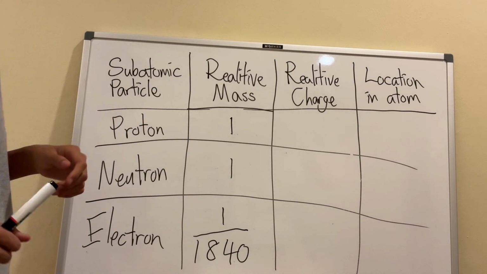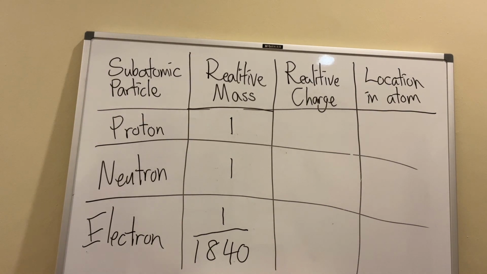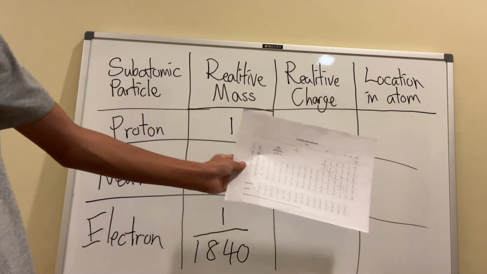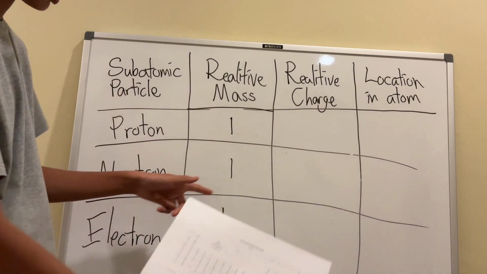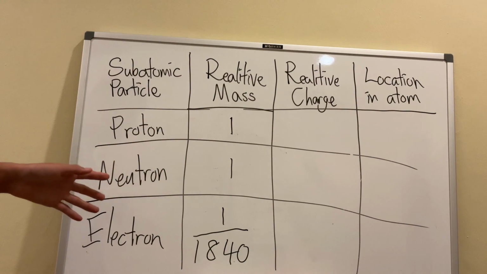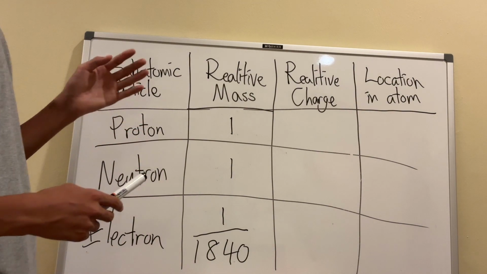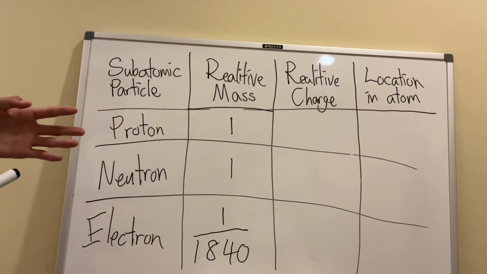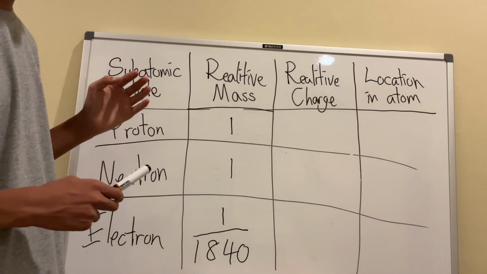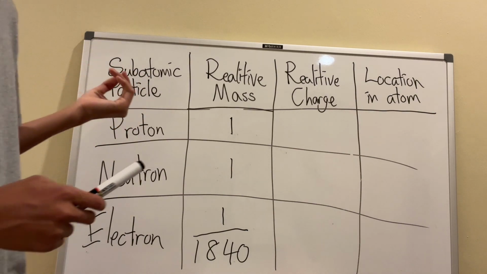So when counting about the mass in the periodic table, often we do not put the mass of the electron in. It's so light that it doesn't really make a big change to the full mass of the atom.